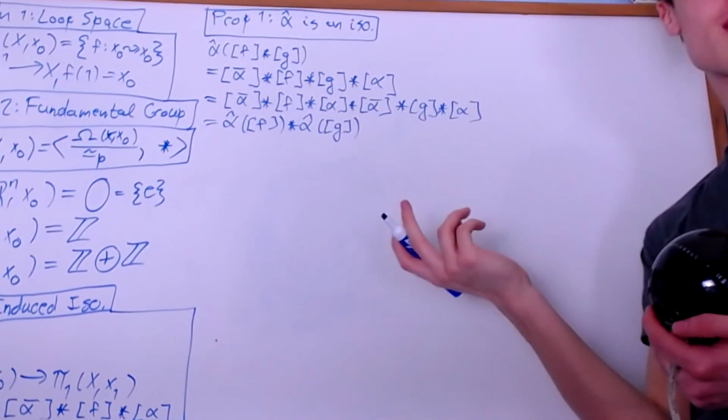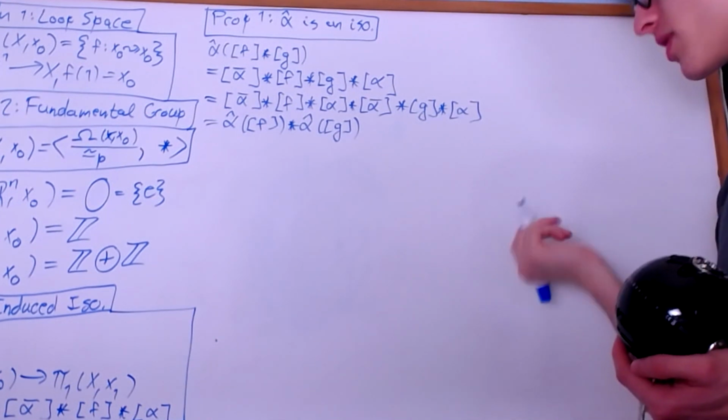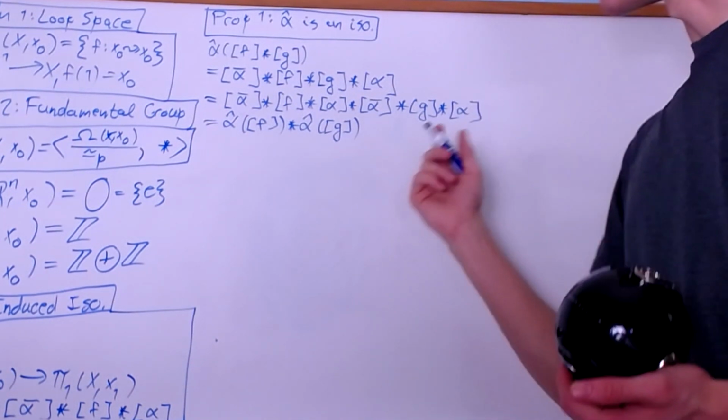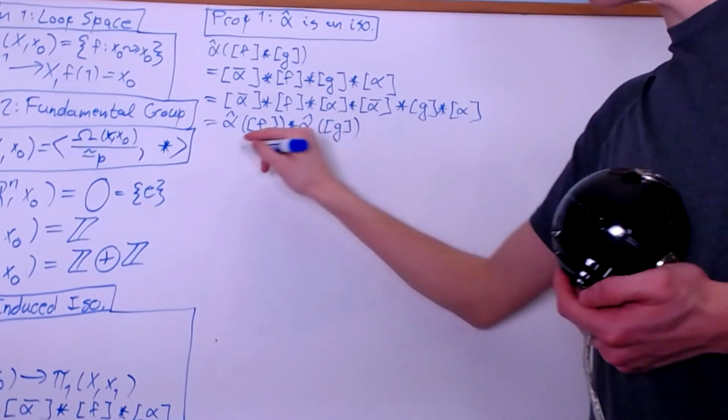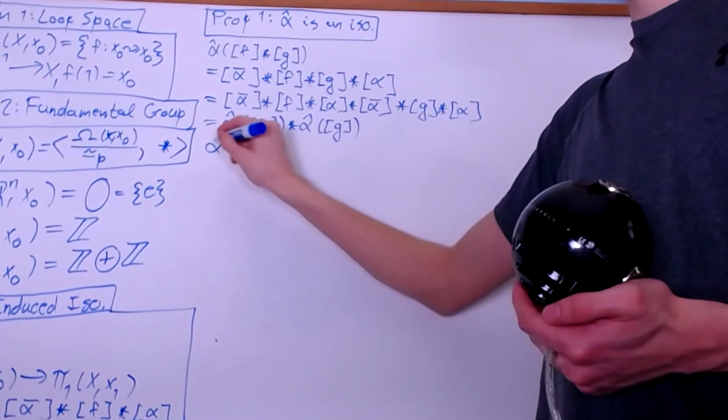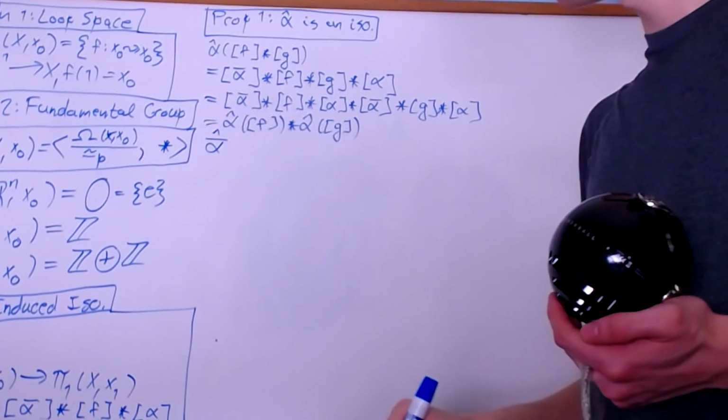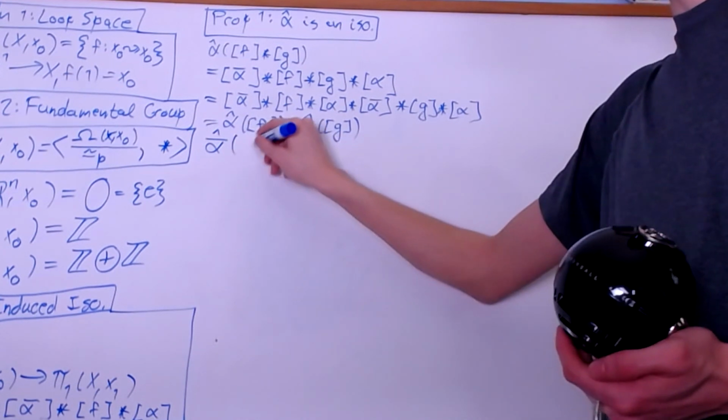But why exactly is it an isomorphism? Well, because I can find a two-sided inverse for it, namely alpha bar hat. Let's go ahead and very quickly check it one way.